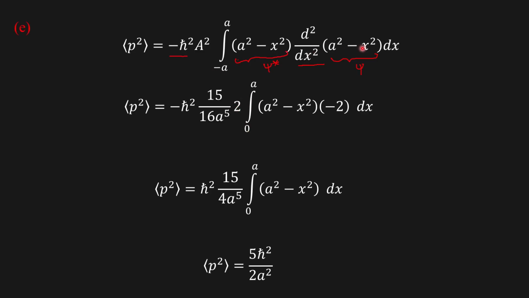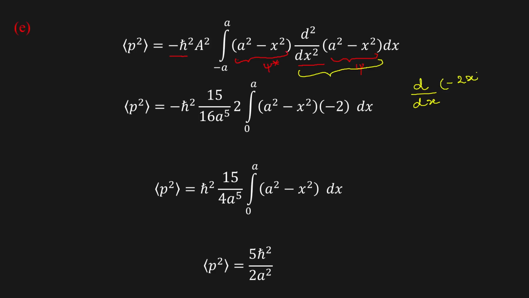Then if you differentiate this twice, if you differentiate once, the a squared will become 0, then this will be equal to d by dx of minus 2x.